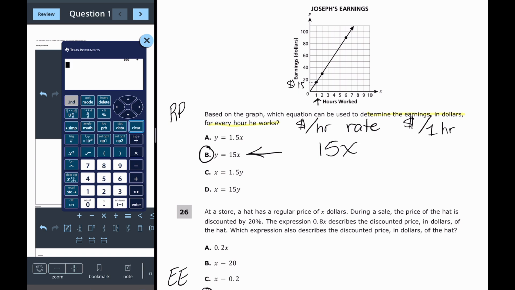So there we go. You could always just look for the unit rate, found when x is 1, and that will give us our unit rate, which we also represent as this coefficient here. All right, let's go to the next one.